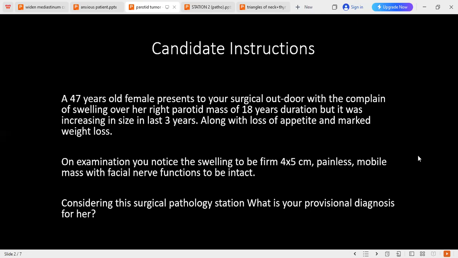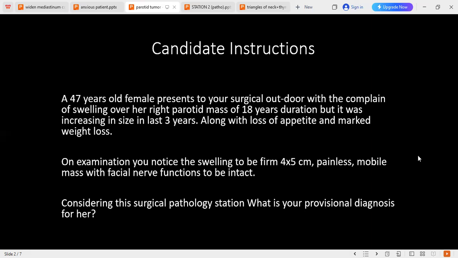On the contrary, you've taken the fine needle aspiration cytology, and the lab result shows that the lesion contains epithelioid cells with brown cytoplasm. Then what would be your interpretation? It may be the malignant melanoma.